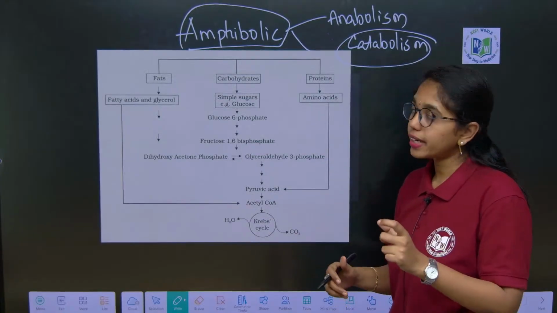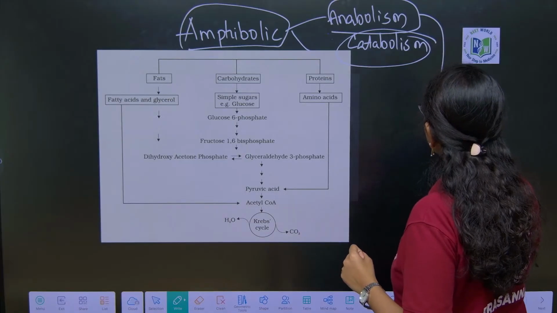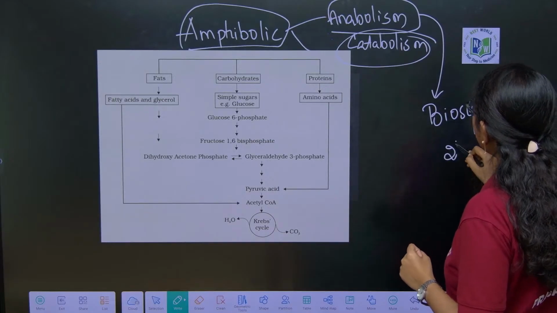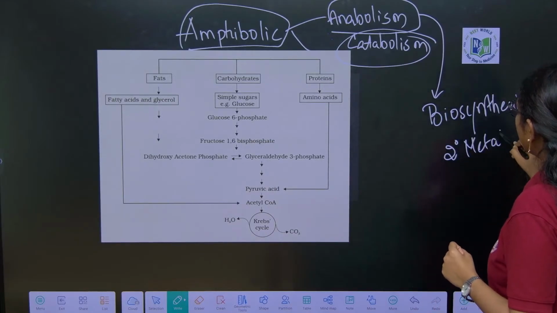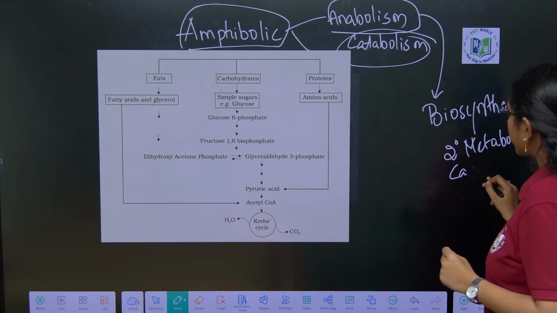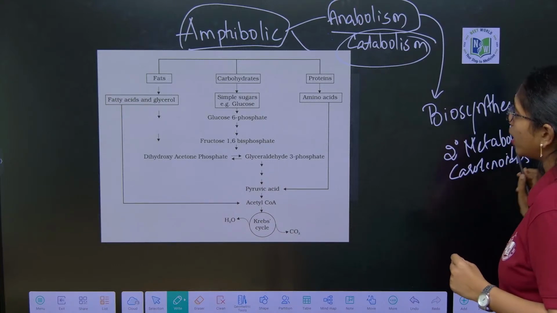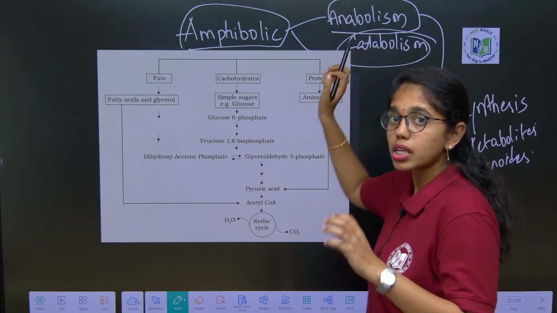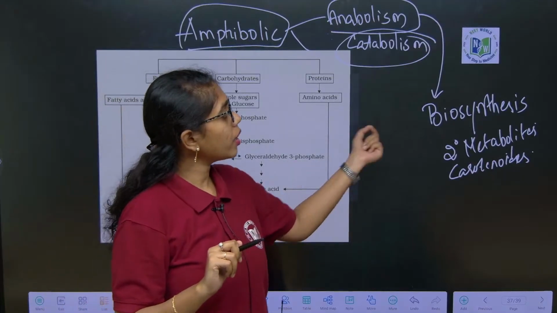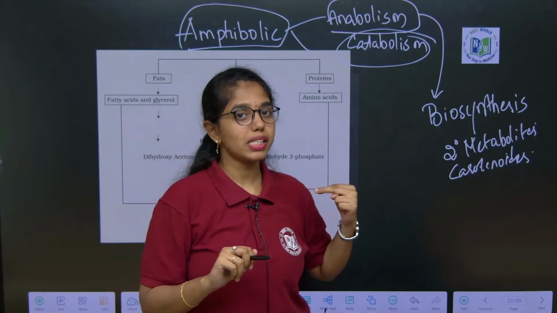These organic intermediates form the starting step of biosynthesis of some secondary metabolites or some accessory pigments like carotenoids. So, that is why this is also called an amphibolic pathway, because the organic intermediates at different levels of this aerobic respiration are involved in the biosynthetic pathways of secondary metabolites or some pigments like carotenoids.